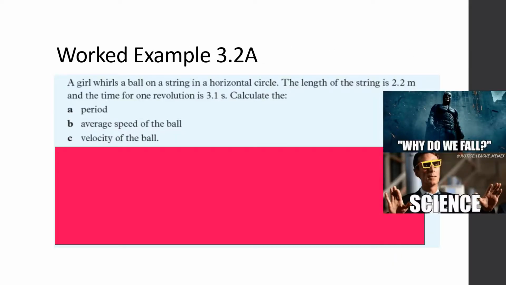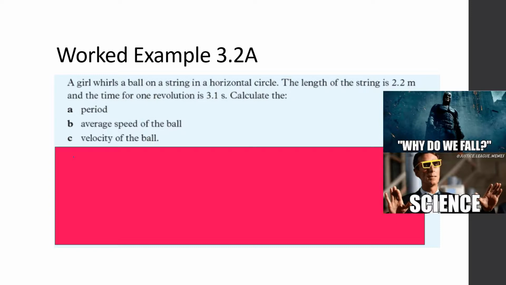Okay, so let's try those equations we've got for period and average speed. A girl whirls a ball on a string in a horizontal circle. The length of the string is 2.2 meters, that's quite a long piece of string, and the time for one revolution is 3.1 seconds. So first we need to calculate the period, then the average speed of the ball, and then we need to think about the velocity of the ball. So what do we know?